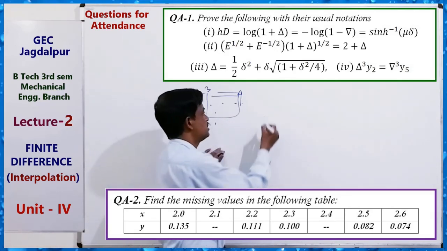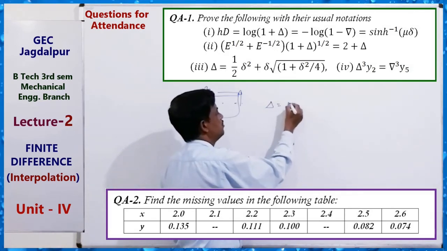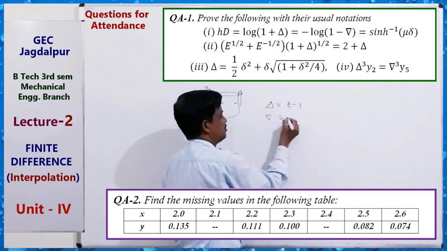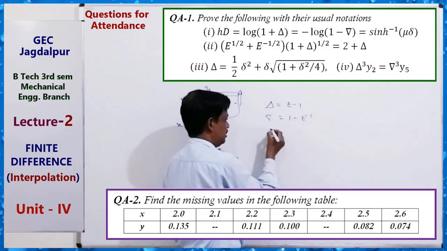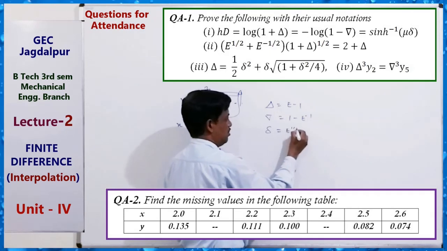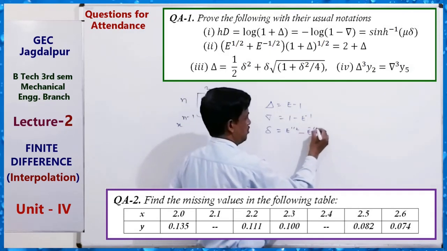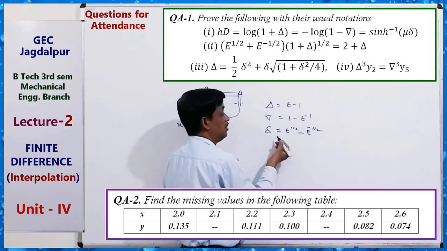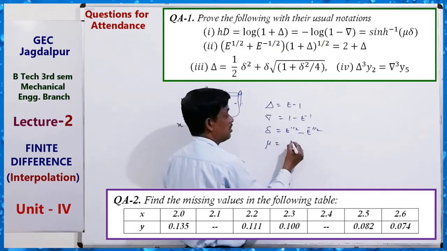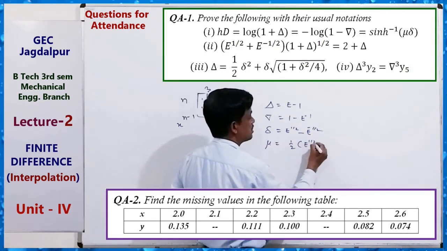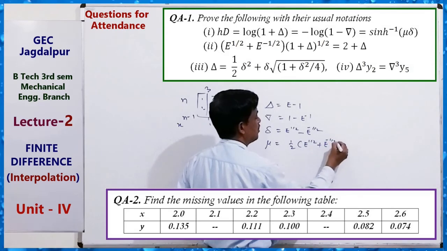Also the relational operators: forward del equals E minus 1, backward del equals 1 minus E inverse, central del equals E to the power half minus E to the power minus half, and the average operator is half of E to the power half plus E to the power minus half.